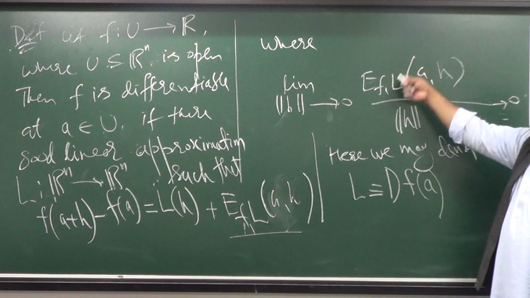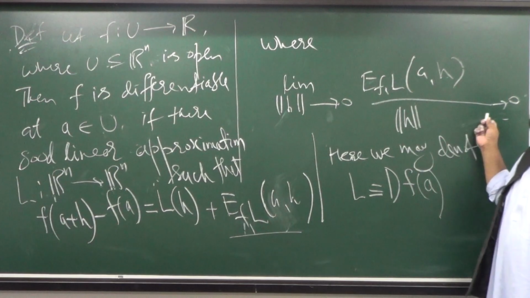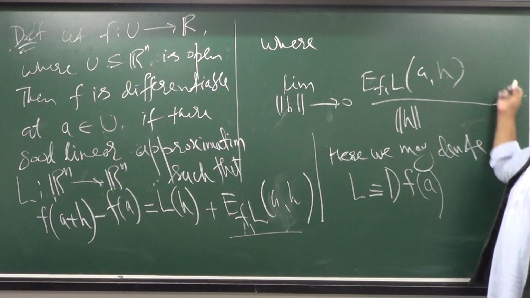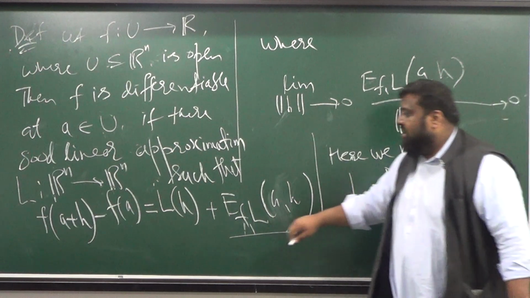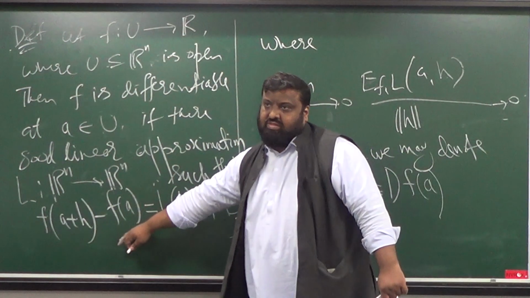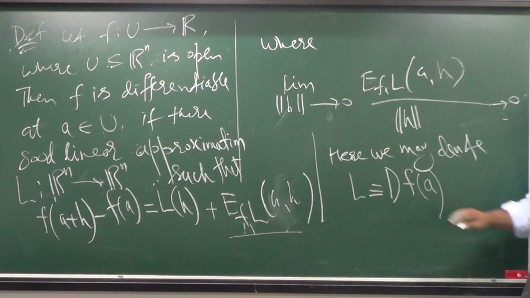So it's rapidly going to 0 as compared to h as the norm of h goes to 0. Okay? So if this is happening, then you will call this L a good linear approximation to the increment. And this linear approximation is basically your required derivative. Okay? So we talked about all this stuff in detail yesterday.